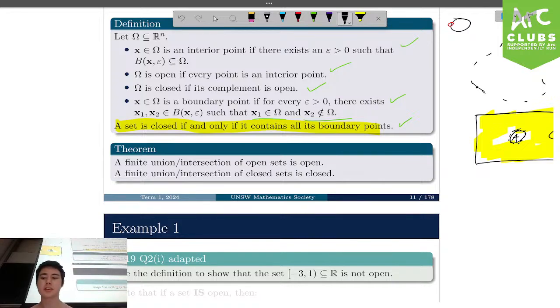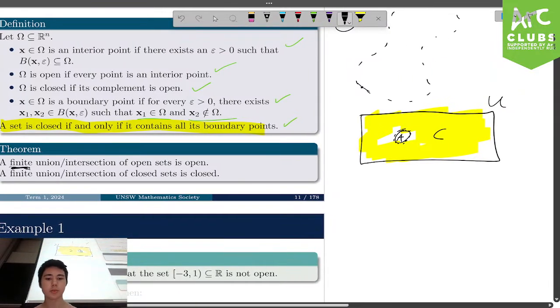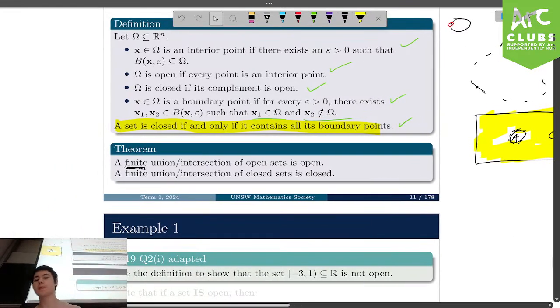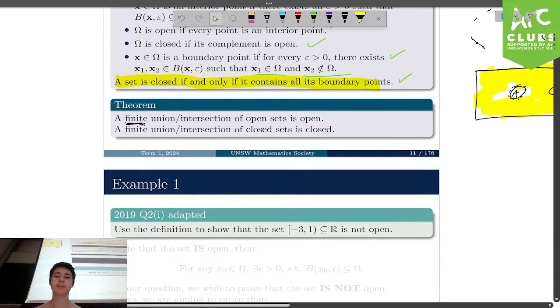We can consider this as very dependent on the word finite, because if I take the closed set from 0 to 1, and then attach that with 1 to 2, 2 to 3, all these closed sets, and I go to infinity, both infinities in fact, I have the set of real numbers, which is open as well as closed, but it can invalidate these manners of laws, okay? So it's important to make that distinction about finite.